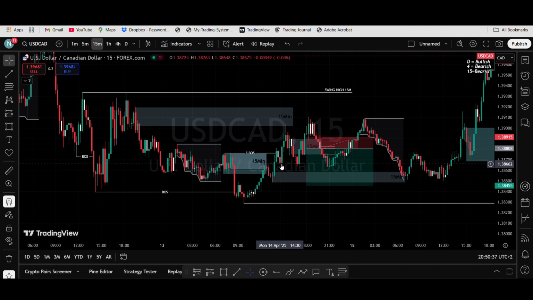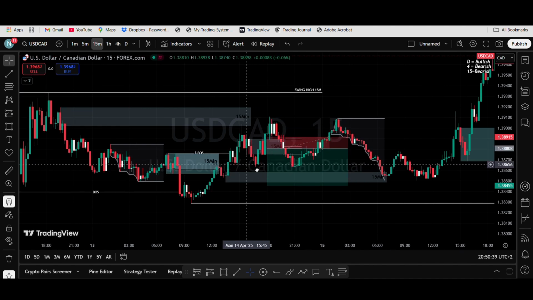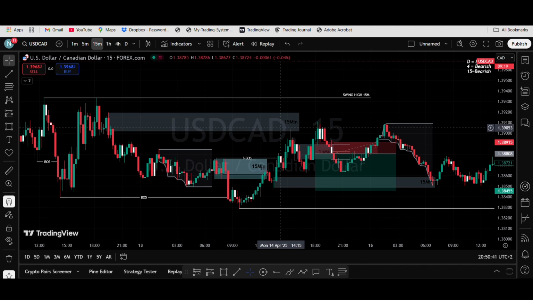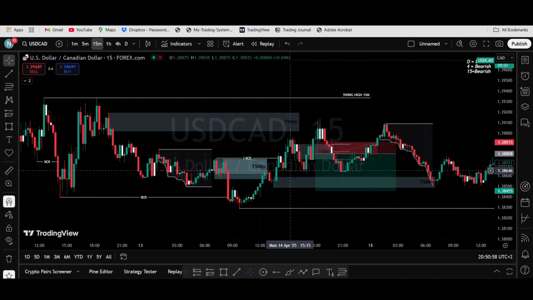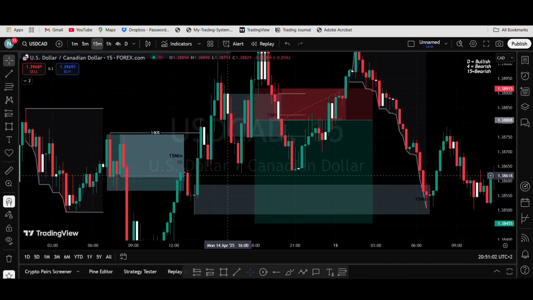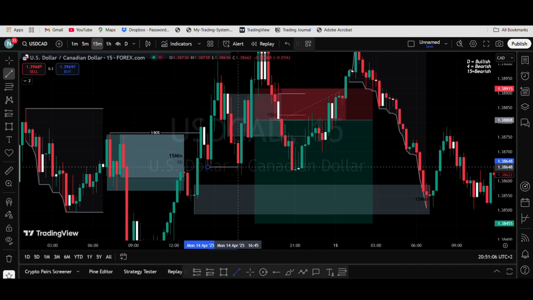We have the slight movement down here, and then we come into this extreme 15-minute zone, right? I set my alert down here for the change of character, the first sign that a little bit of bearish momentum may start coming in. So we have this tiny change of character, which is something I did look into today, right?